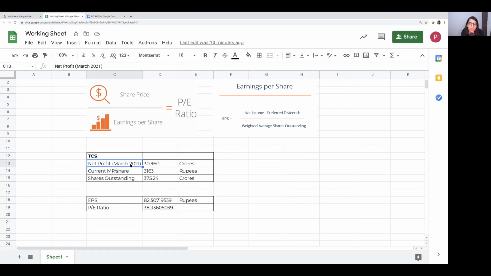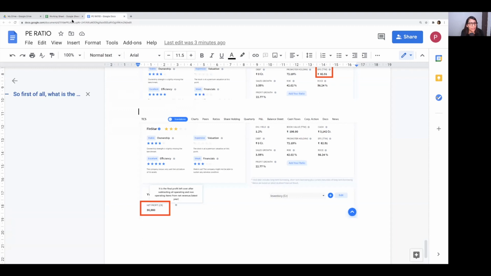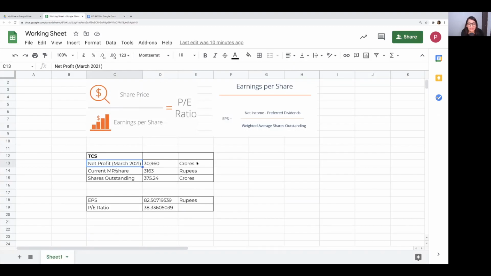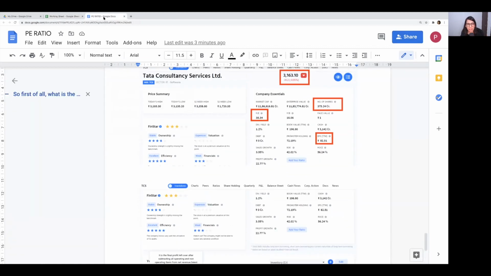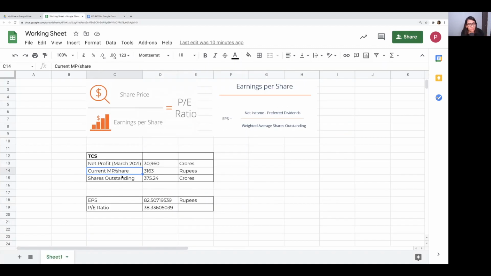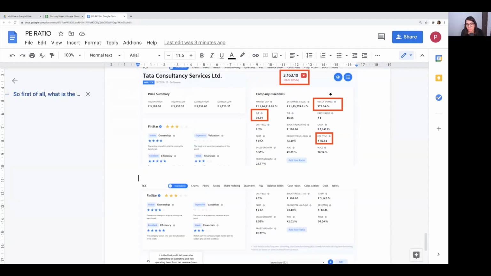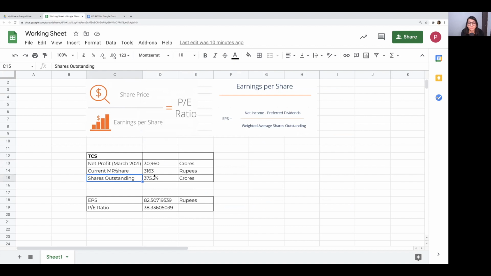So don't worry, your calculations will be absolutely fine and they will be more relevant to the day on which you are calculating. So net profit is 30960 as we have taken from that, and it's in crores. Current market price per share is 3163 as we just noticed. The shares outstanding is 375.24. As you can see here, it is marked in red.